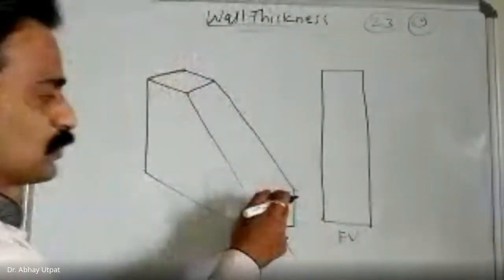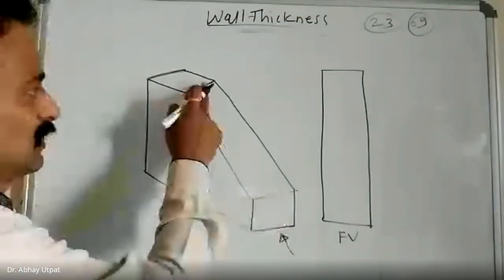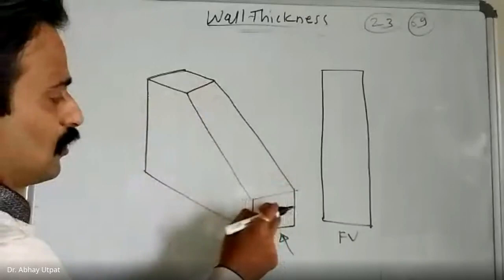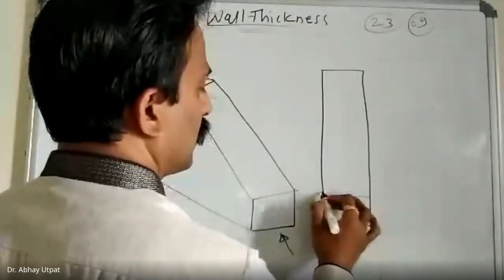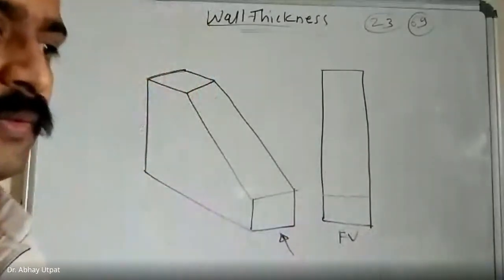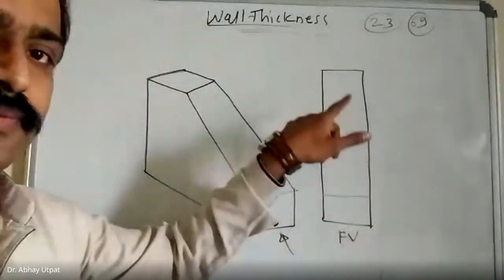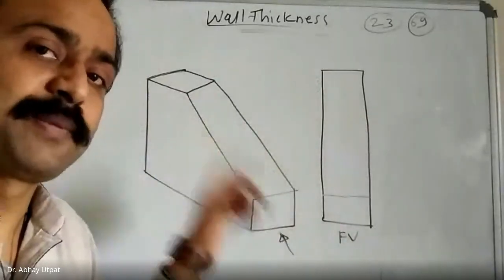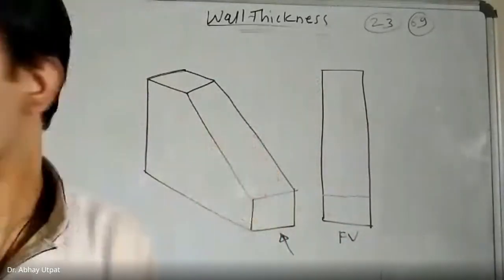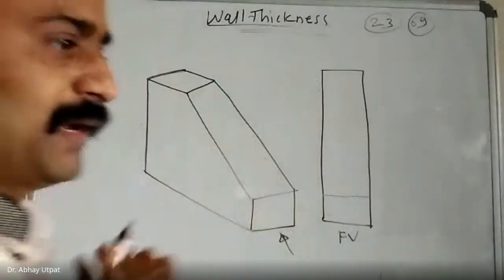No doubt, here is one line. There is no line here. Only one line will be here. Now, I want to decrease the weight of this component by keeping uniform wall thickness. This is the wall thickness. How can I modify it?